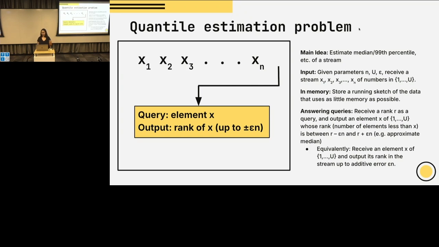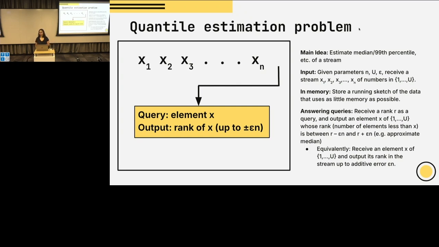The universe size u having to be specified is a little bit of a tricky thing. There are lower bounds against having an algorithm like ours if you replace the concept of integers with just, okay, actually I won't get into this too much, but needing to know the universe size u beforehand is not quite necessary.